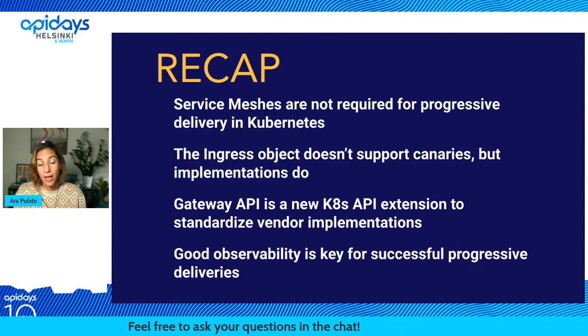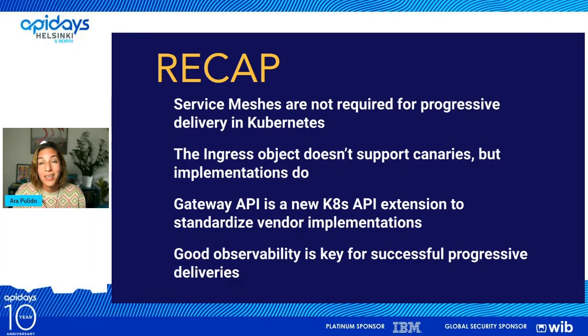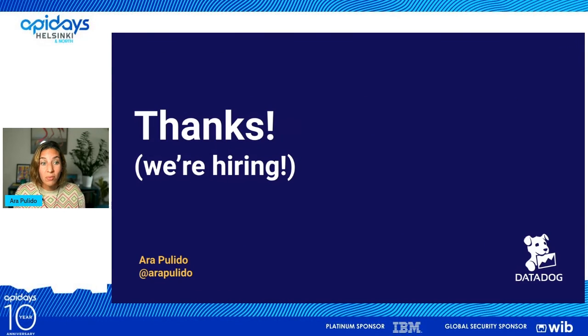And finally, a good observability strategy is key if you want to do progressive delivery, because obviously if you don't have data on how the new version is doing, if you don't have the right metrics, the right strategy, it's very, very difficult to make those decisions. So thanks very much.